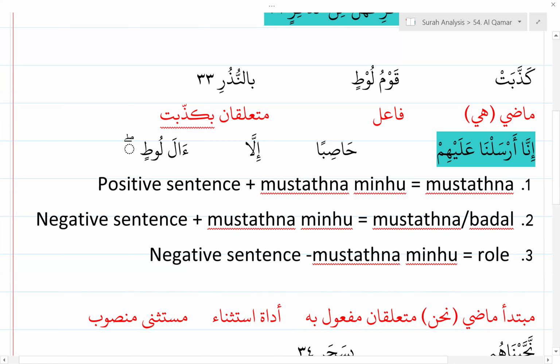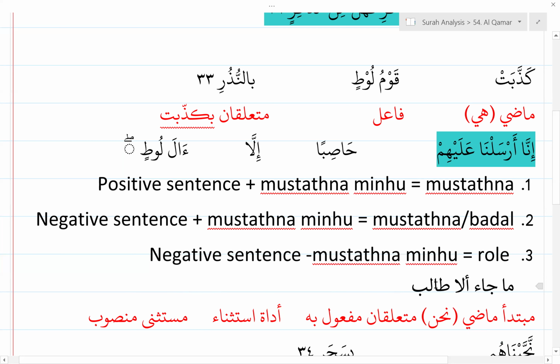So if I say ما جاء إلا طالب. ما جاء إلا طالب. This is a sentence. It's negation. There's no mustathna minhu. There's nothing that we are making an exception of. The mustathna minhu is not mentioned.